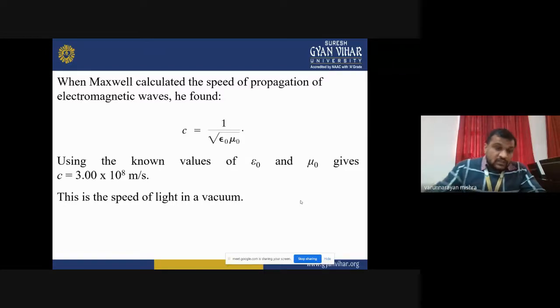This is also what we consider the speed of light in a vacuum, because epsilon zero and mu zero are constants measured for empty space, for the vacuum. Using these terms we can easily calculate the speed of electromagnetic waves, which is equal to the speed of light, 3 into 10 to the power of 8 meters per second.